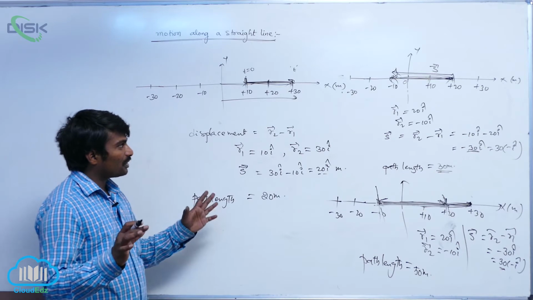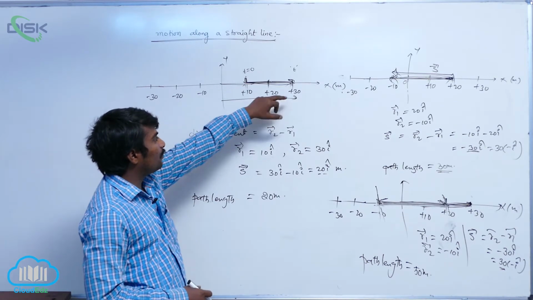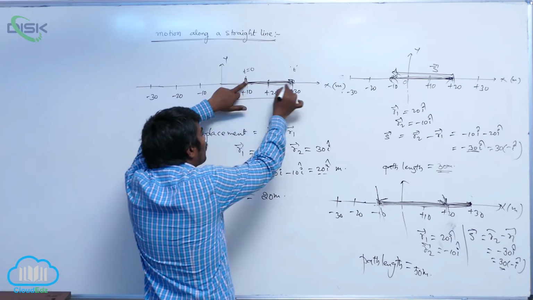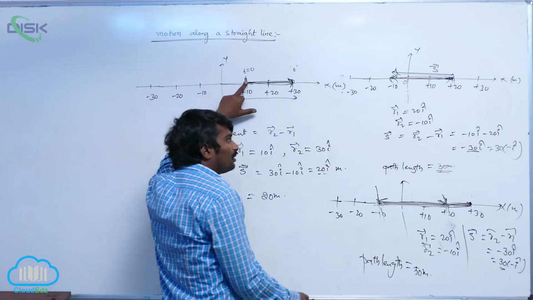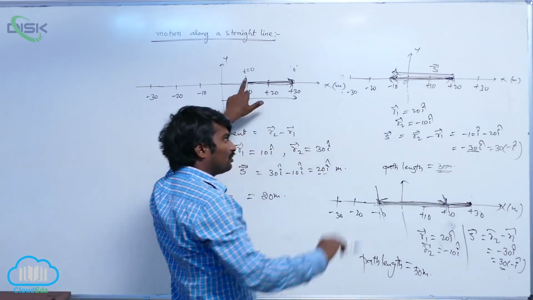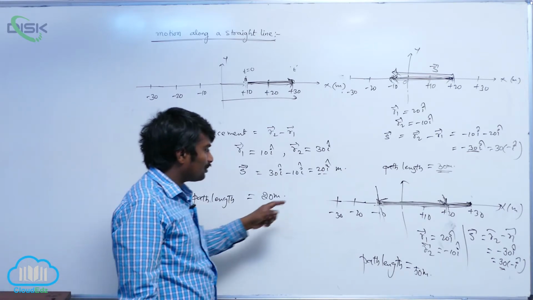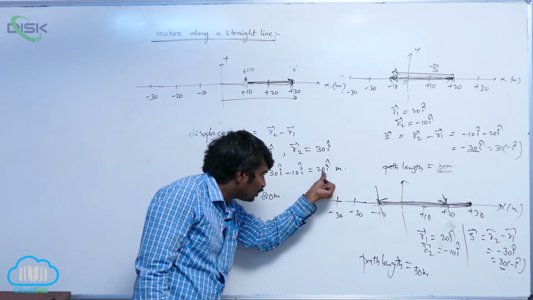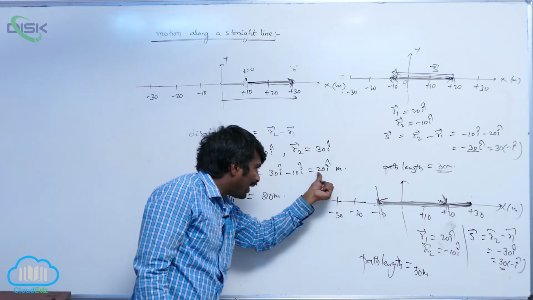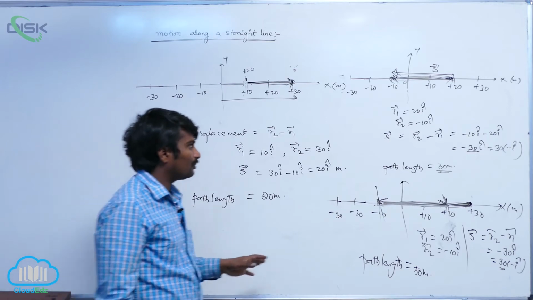And one more observation I had. What is that? In the first example, there is no change of direction during its motion, and in this second example also there is no change of direction during its motion from initial position to final position. In those two cases the magnitude of displacement and path length are equal.